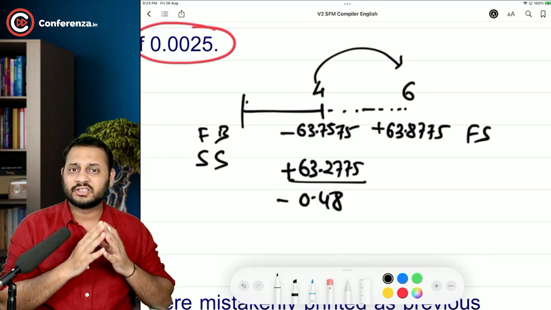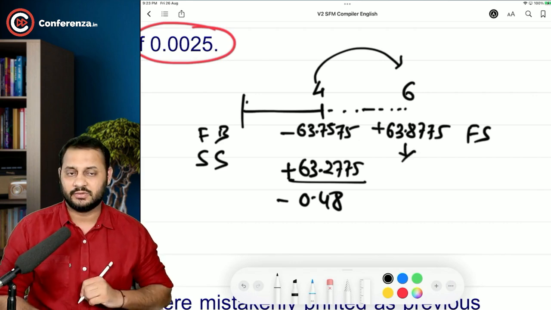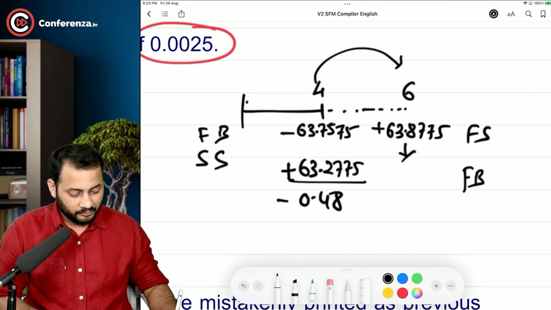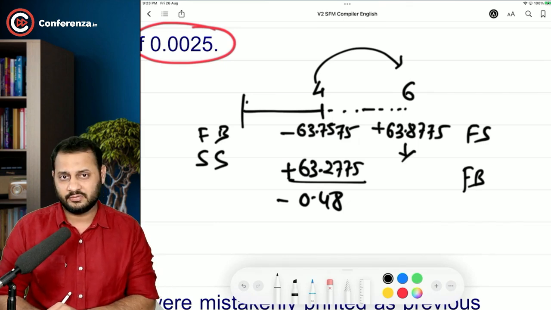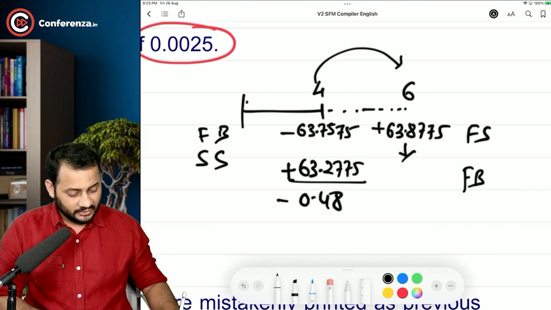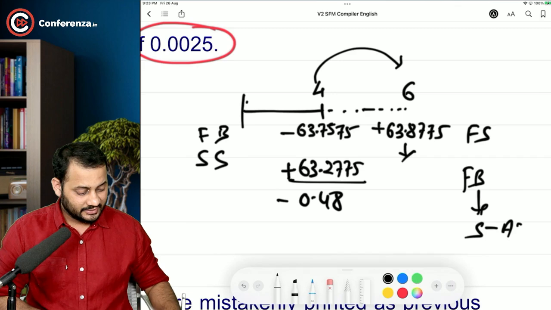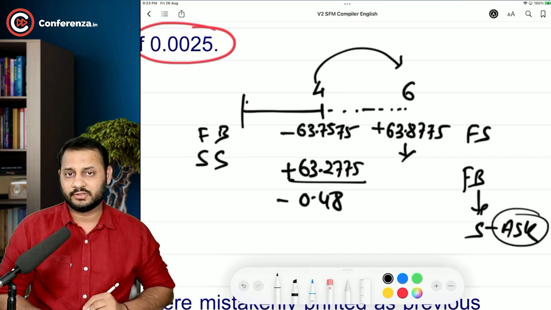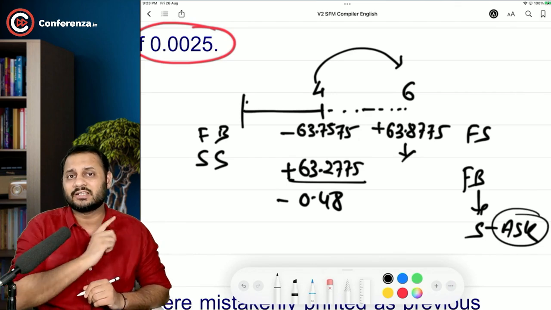So the closest forward contract will be taken to swap this. It will be forward buy, and that too with the interbank. That means the other bank will sell. The closest ask rate of 1 month is required. One month or the closest forward contract, and that too the ask rate.